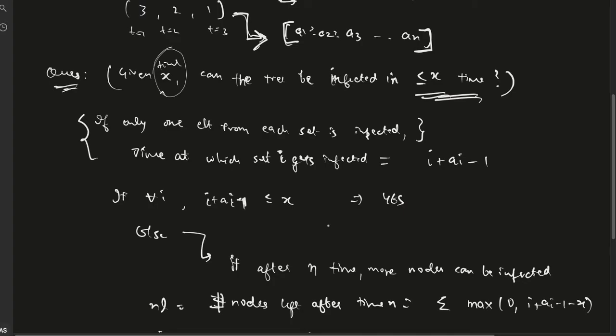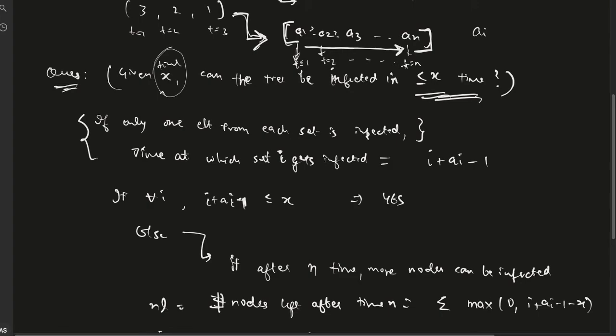If this is the case, and we have the vector of set sizes in reverse sorted order, then for all ai, one node from the first set would be infected at time t = 1, one node from the second set at time t = 2, and so on, and one node from the last set would be infected at time t = n.